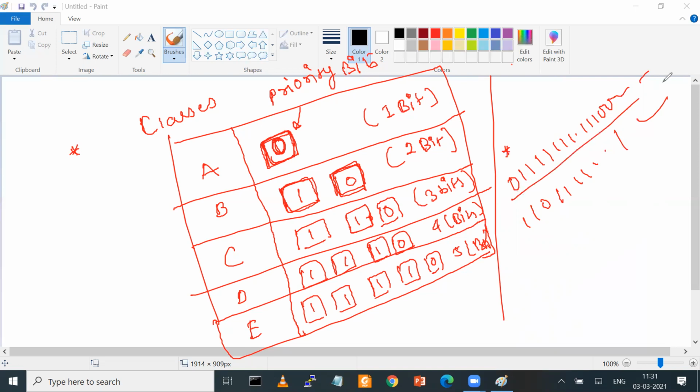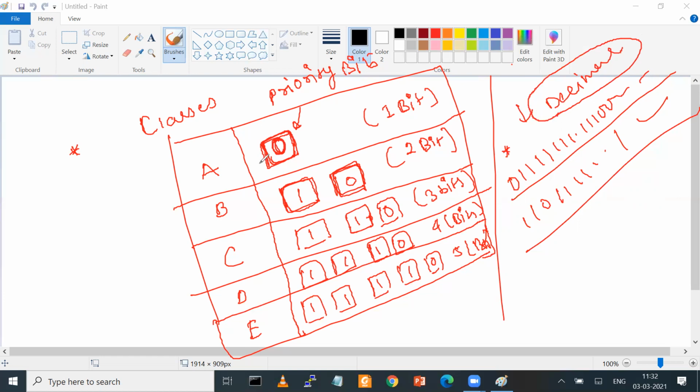Let's say you have some binary numbers and you have to convert them into decimal, and then you have to define the class, meaning which class it belongs to. So how do you identify this? In order to get the exact class range, we just have to convert binary to decimal.